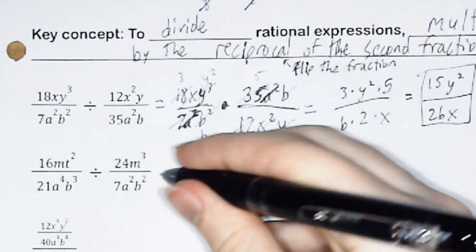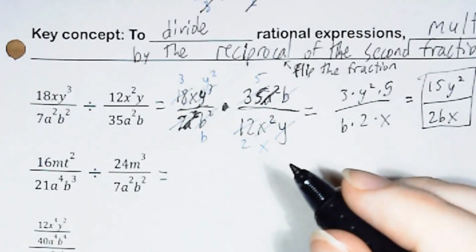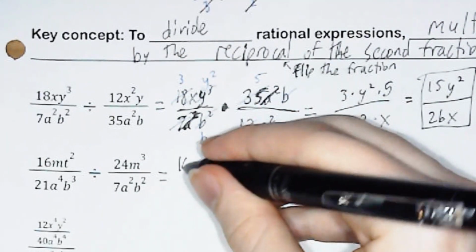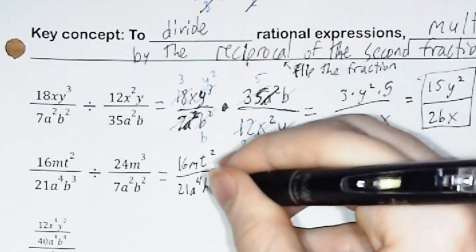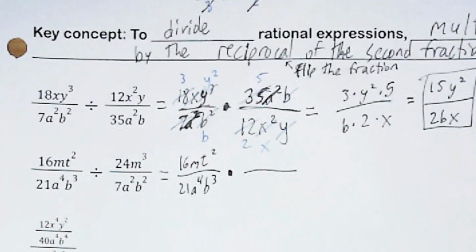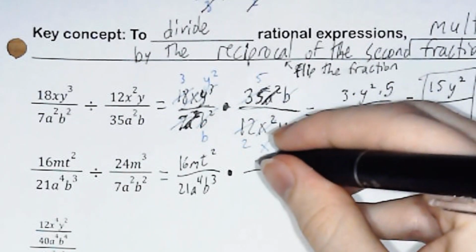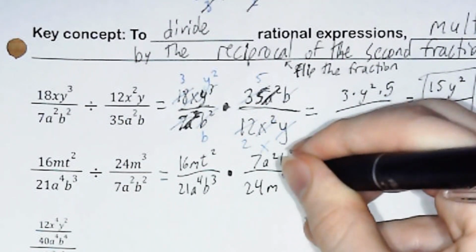Okay. Next we have 16mt squared over 21a to the 4th b cubed. That part stays the same. Times, now we have to multiply by the reciprocals, so we're going to flip this second fraction over. We've got 7a squared b squared over 24m cubed.